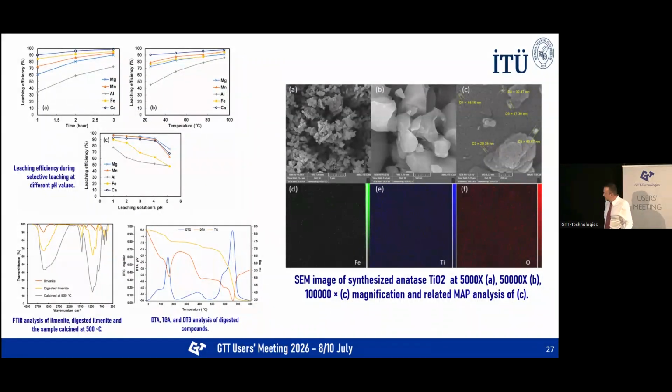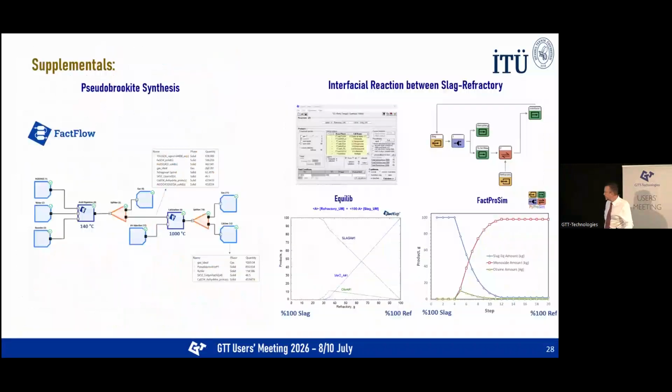After the following selective leaching and thermal analysis, FTIR and SEM analysis were done on the precipitates, and finally we saw that we obtained titanium oxide particles between 50 and 200 nanometers. So just by combining these new AIMP and AIOQ databases with the conventional FactSage calculations, we successfully designed and optimized the process while significantly reducing experimental trial and error.